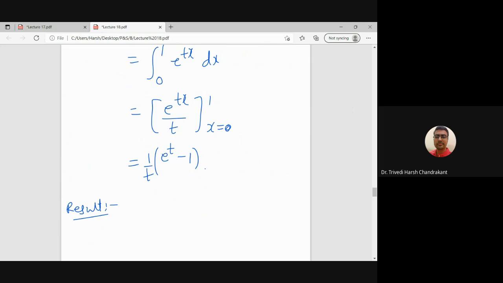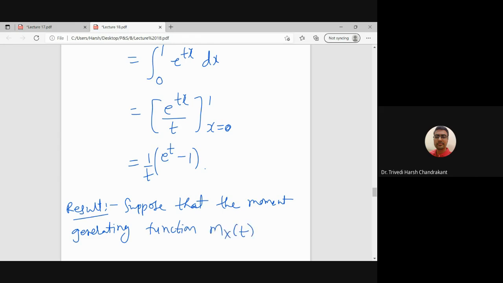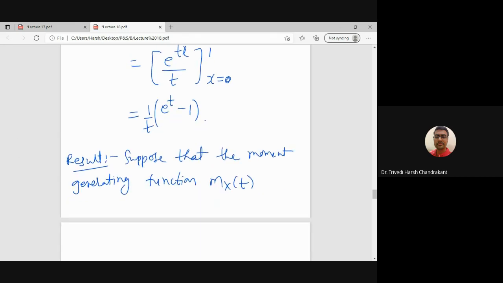So assumption: we know that if we have the moment generating function M_X(t), this is a function of the variable t. If it has a power series expansion, it means it has a power series in powers of t.